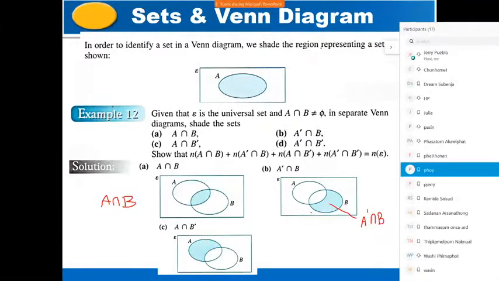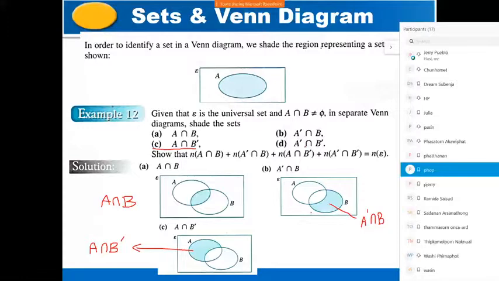Okay? This A intersect this one. A intersect B complement. That's why outside B but inside A. No? So this one is A intersect B complement. Okay, then letter D. A complement intersect B complement.